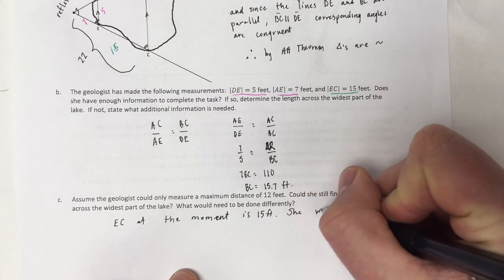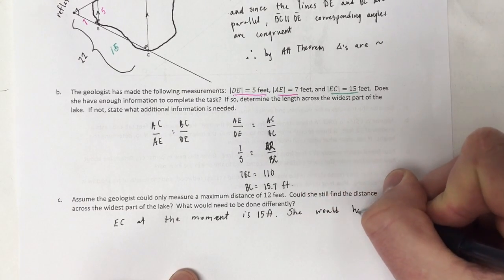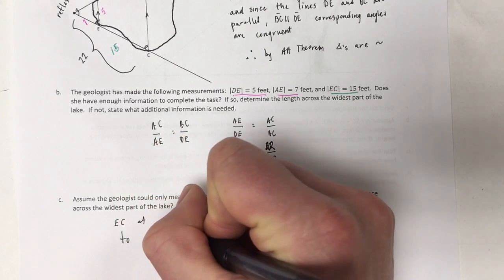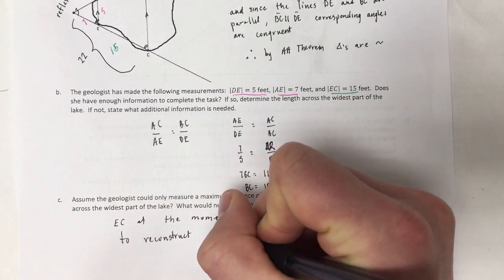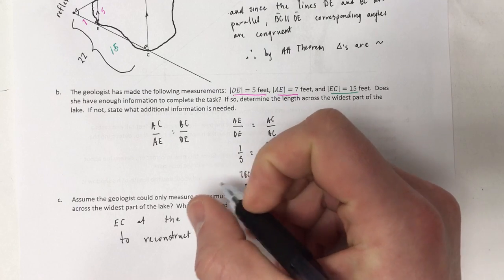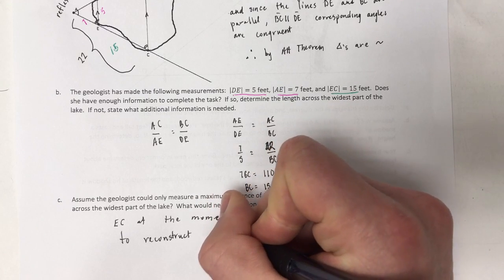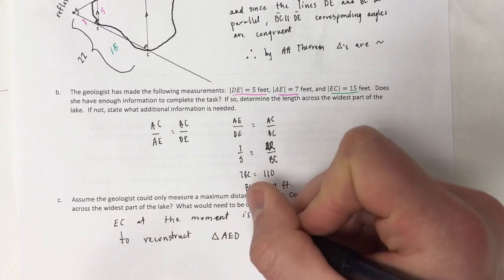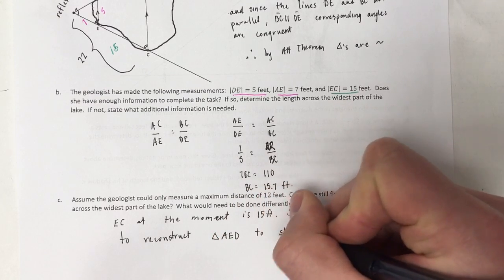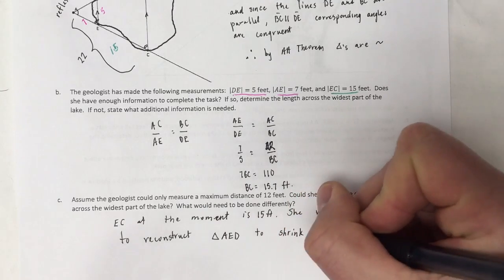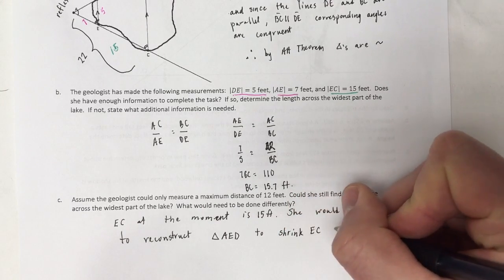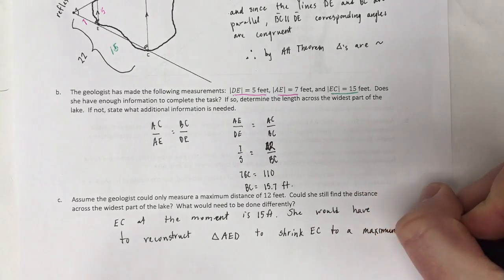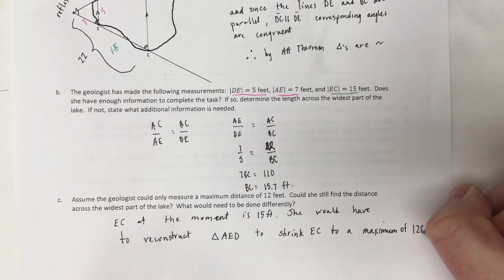She would have to reconstruct triangle AED to shrink EC to a maximum of 12 feet.